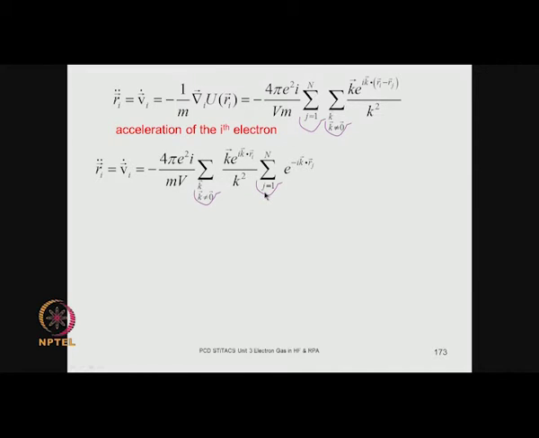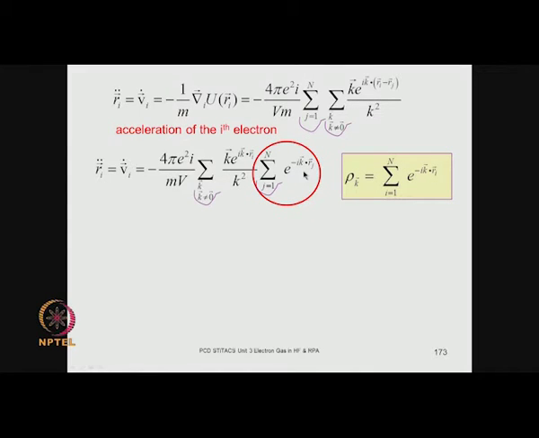This is just bookkeeping, but I factor this exponential function into e to the i k dot ri term, which is here, and e to the, there is a minus sign here, minus i k dot rj, so that comes over here. So, I have separated these two terms and I have confined the summation over j over here, because this is the only thing which is affected by j.